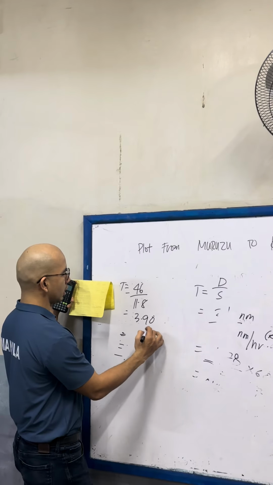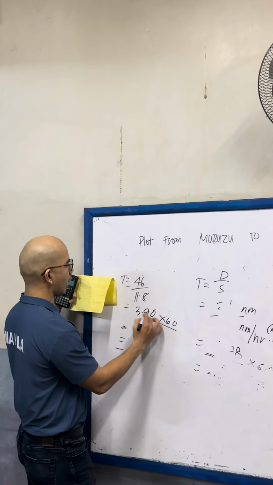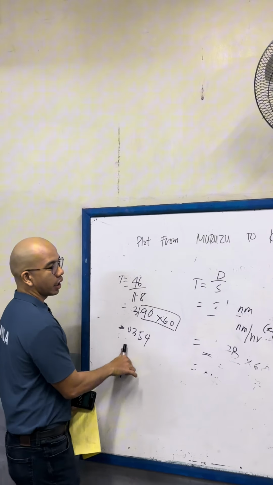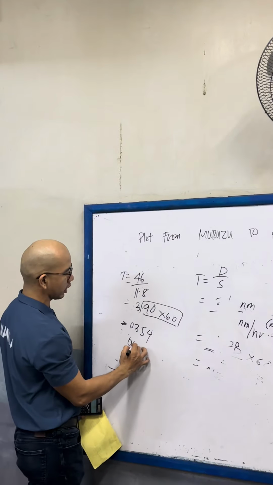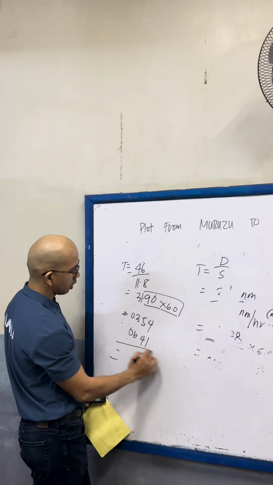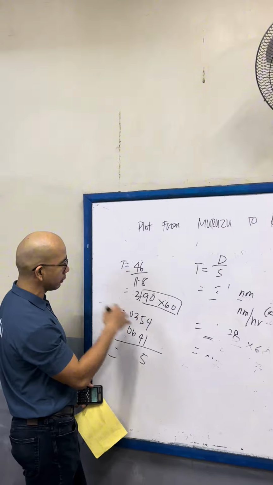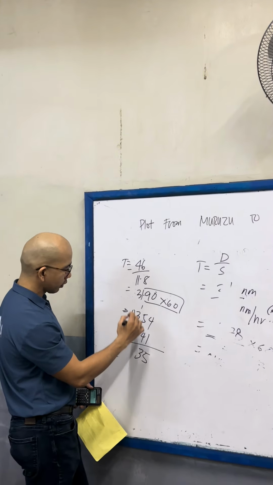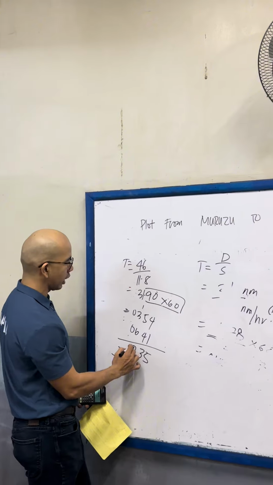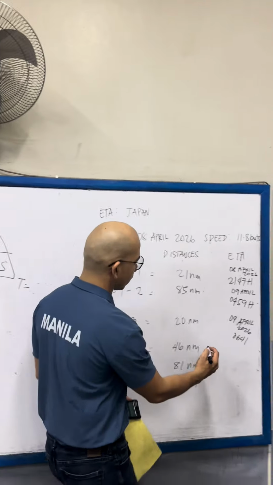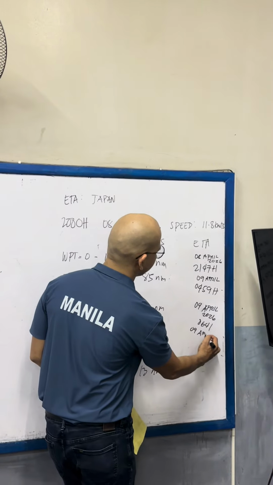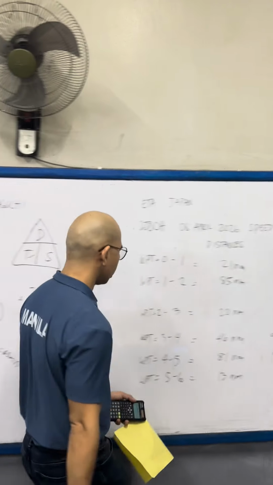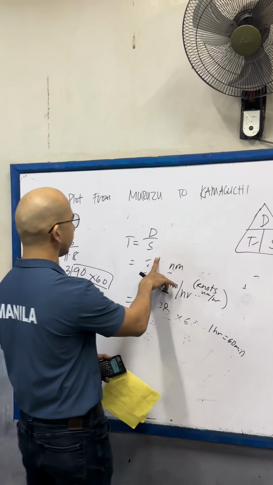The 0.90 times 60 gives 0354. Now add it again to 0641. So 10:35, same date, 09 April, 10:35.